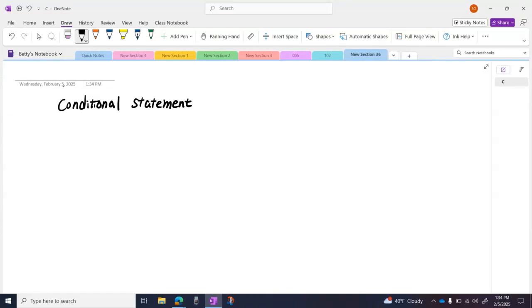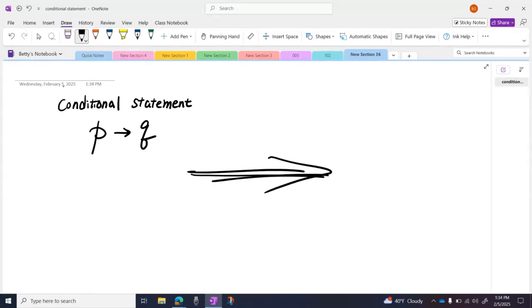Symbolically, the form of a conditional statement looks like this: P, arrowhead, Q. So a conditional statement also has 2 pieces. Between the 2 pieces, we have this symbol for a conditional statement. It's an arrowhead. It starts from P and points toward Q.